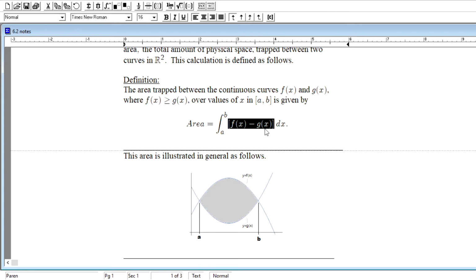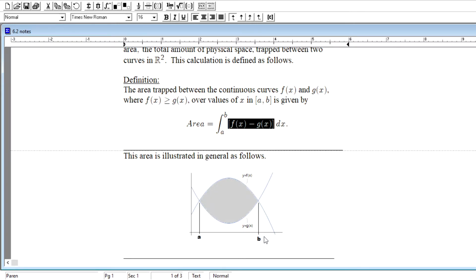It is what we call a limit of a Riemann summation, where this summation adds up all the differences between f of x and g of x.